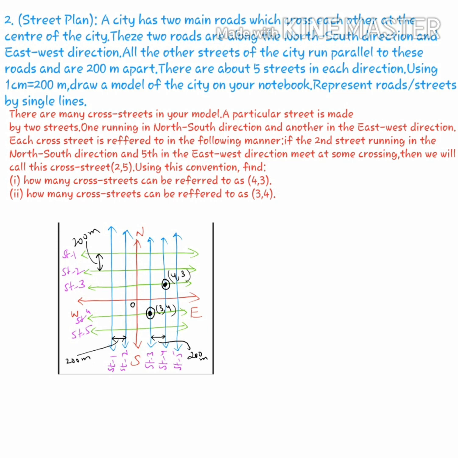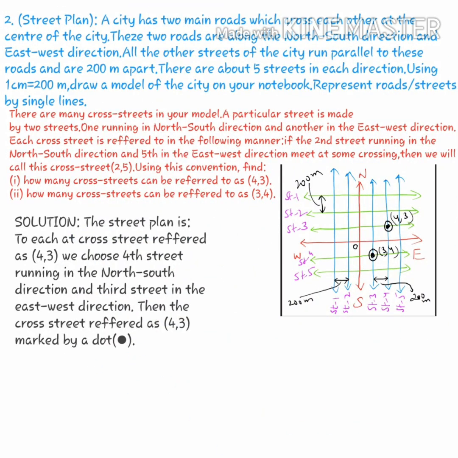Now we will discuss marking of these points on this combination of streets. Here the detail is marked. The street plan is given to you. For the cross street referred to as 4, 3, we choose the 4th street running in the north-south direction and the 3rd street in the east-west direction. Then how will you find this 4, 3?